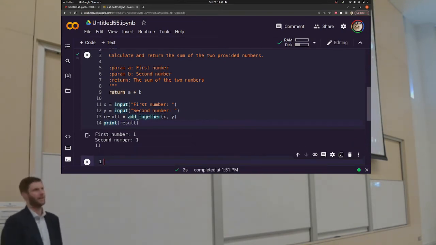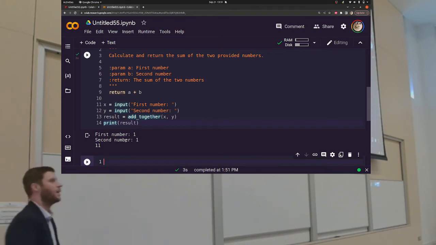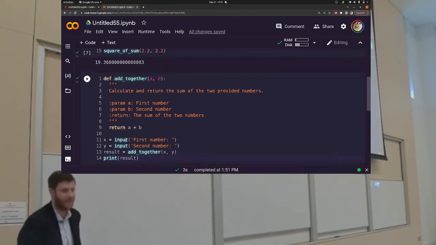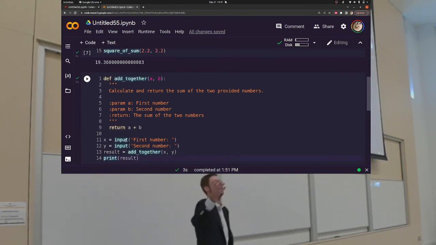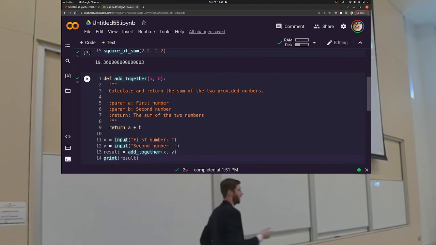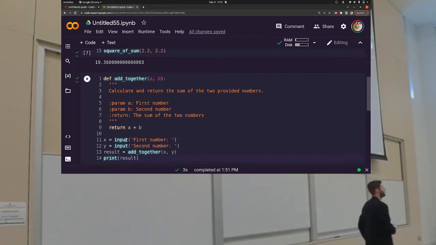Well, that's not right at all. Well, it is right because you just concatenated 2 strings. Presumably, you wanted this function called add together to take 2 integers, maybe 2 floats, okay? Not 2 strings. But you gave it 2 strings, and Python was happy to take them.